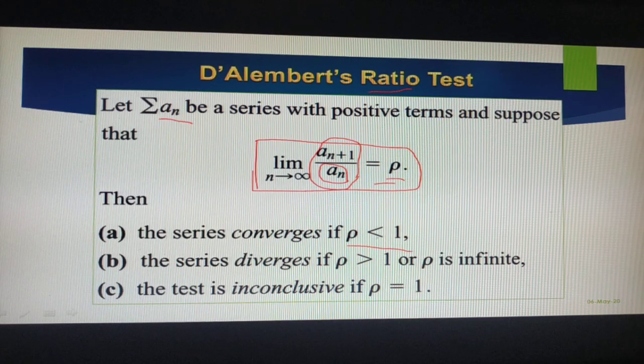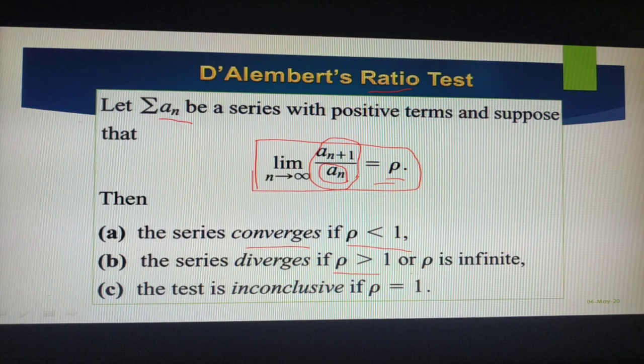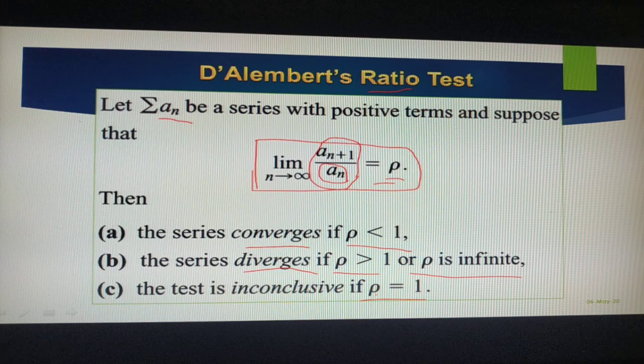So if rho is less than 1, meaning the limit is less than 1, as usual the series converges. If the limit is greater than 1, maybe infinite, then it diverges. And of course, as usual, if rho is equal to 1, then this D'Alembert test also fails.